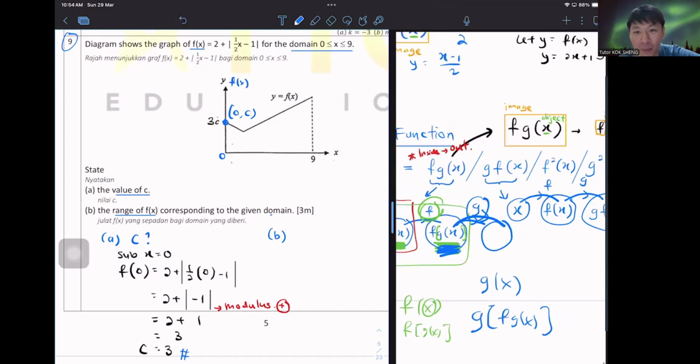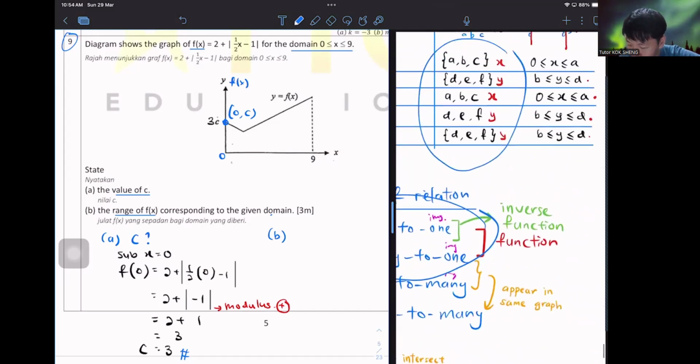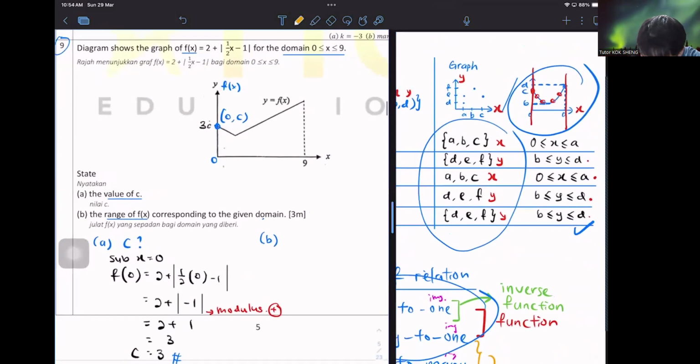Now, it's a graph and you're finding the range, so you have to write in inequalities. It starts from the smallest here until here, so you have to get these two numbers, one here, one here.